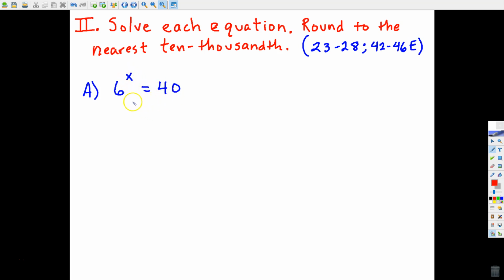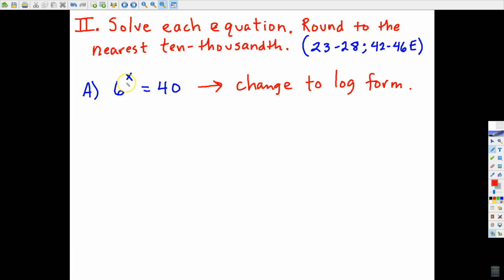Well, I mentioned earlier that for exponential equations, we need to convert them or change them into log form. And I want you to do that as part of showing your work. Just a really quick, simple step, but hopefully it's going to be helpful in training you that exponential needs to be changed to log and vice versa.